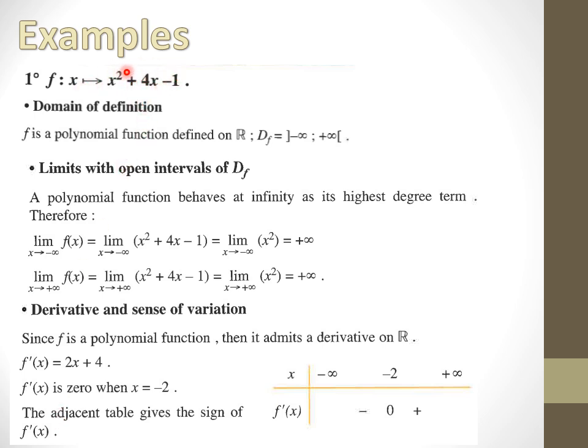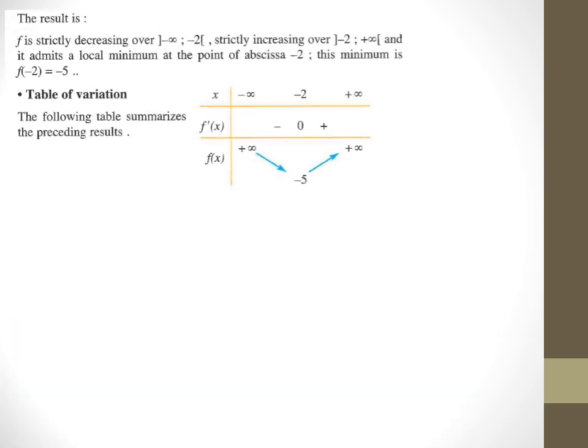Now, we did the domain of definition, the limits, the derivative and its sign, and now we are going to do the table of variation. In the table of variation, we put from minus infinity to plus infinity the domain of definition. We put the minus 2, which is the root of the derivative. So here we have minus and plus, as we told before.